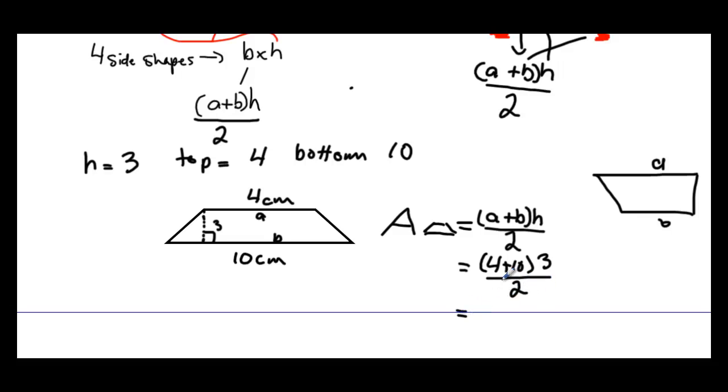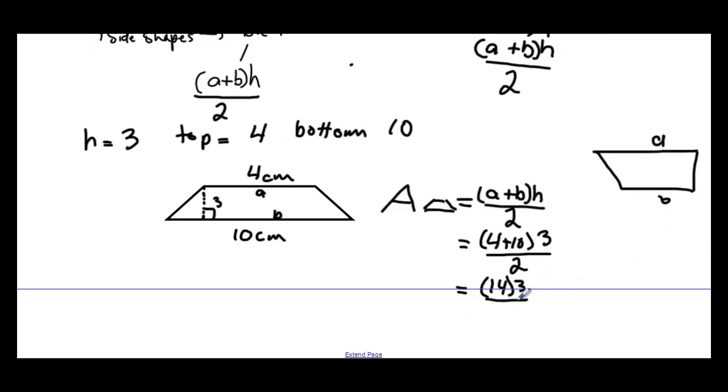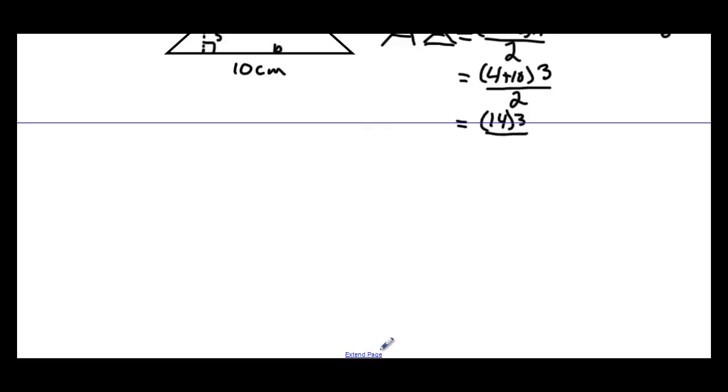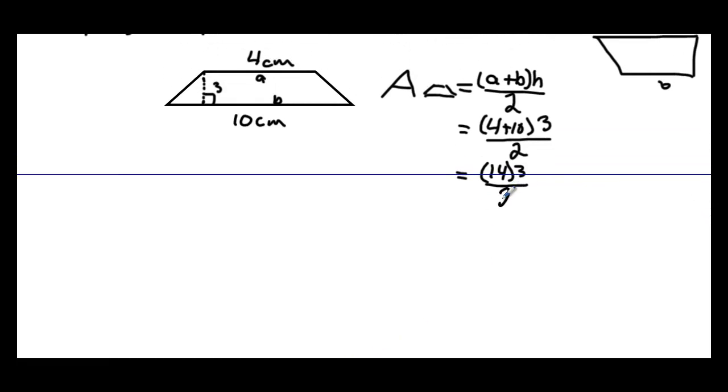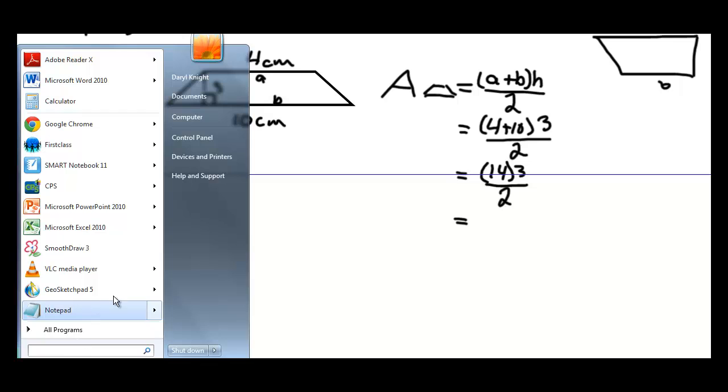And if you look at it, we have 4 plus 10 gives us 14. Notice I'm showing all of my steps. What I do first, I do what's inside the brackets, following order of operations. And then I have divide by 2. And then I do the multiplication. So 3 times 14, maybe you can estimate.